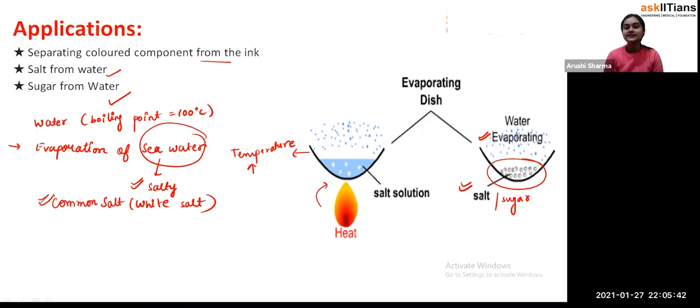We evaporate the water, then process the salt so that impurities can be removed, and then we get the white salt that we use in our houses.